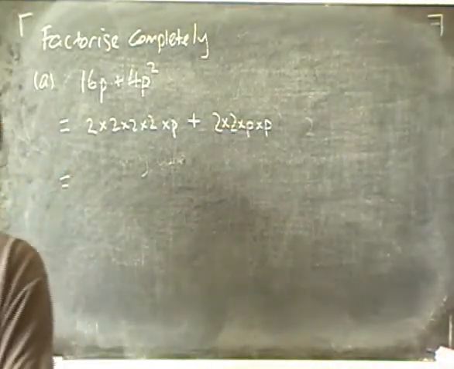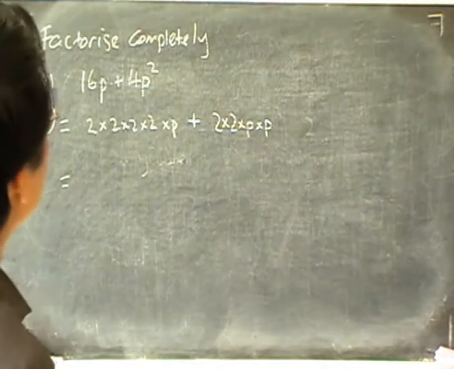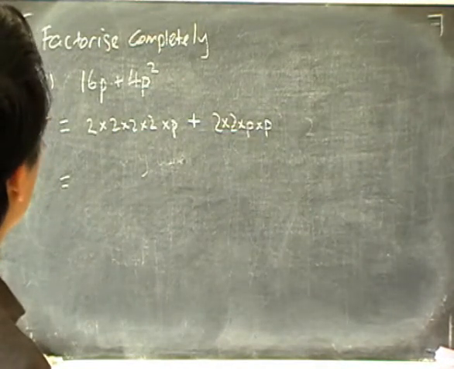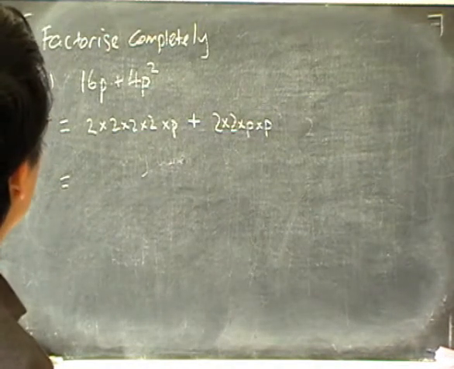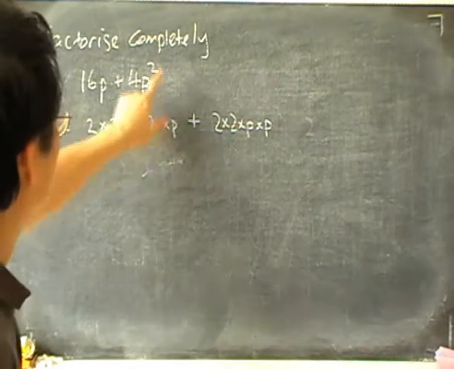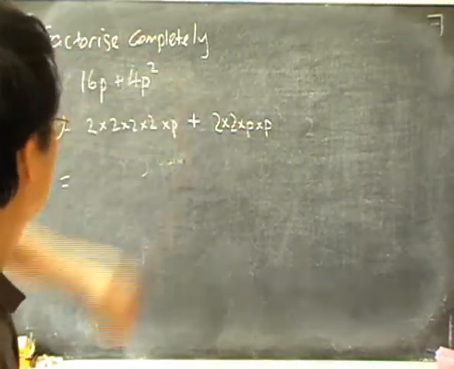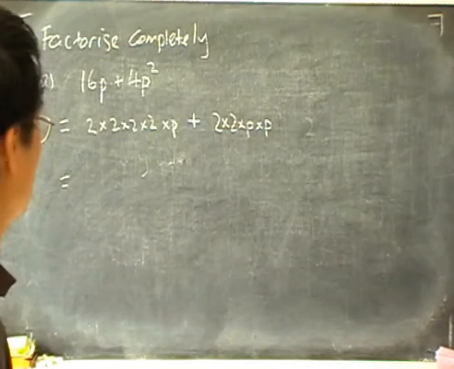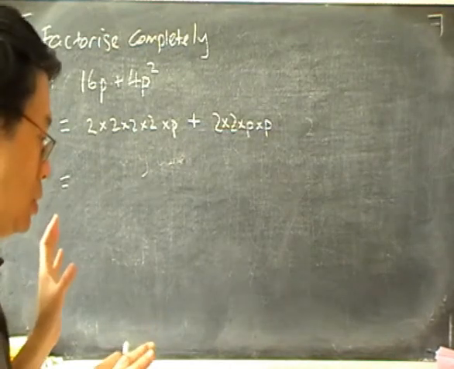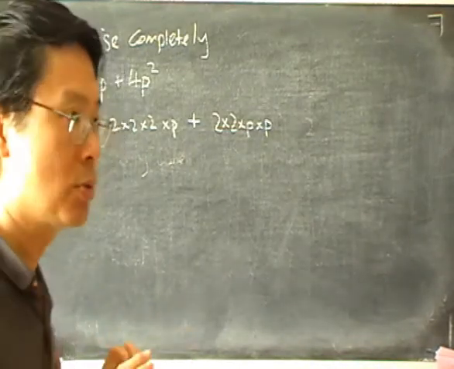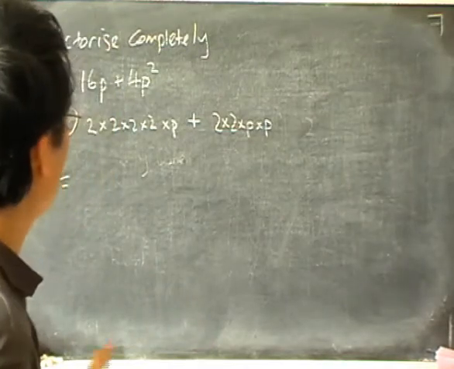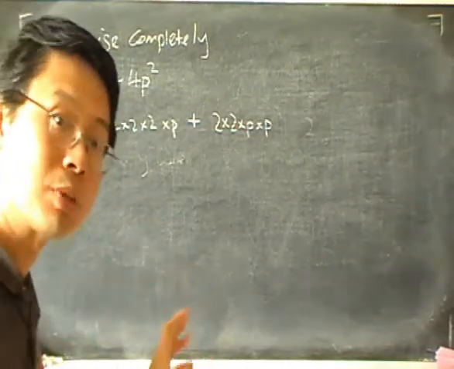Now in the next step, I must turn this expression, which is a sum of a few terms, into factors, meaning into expressions that are multiplied together.